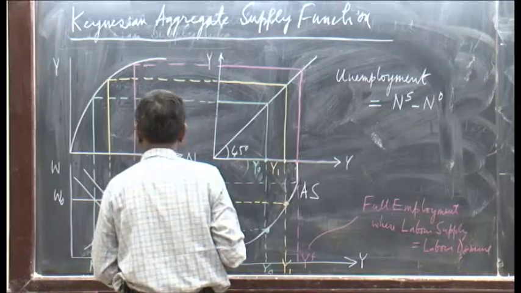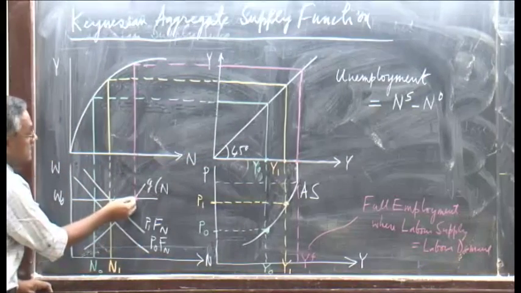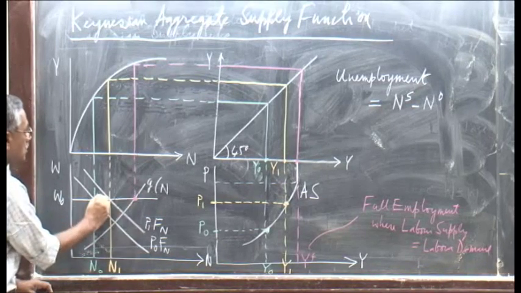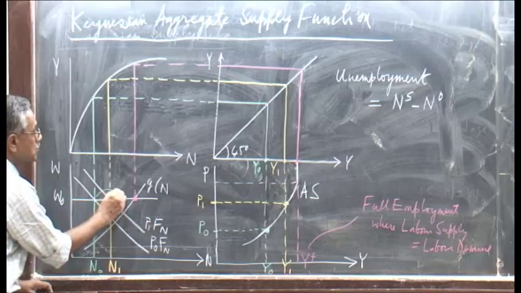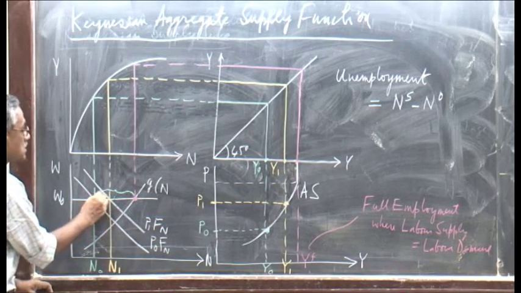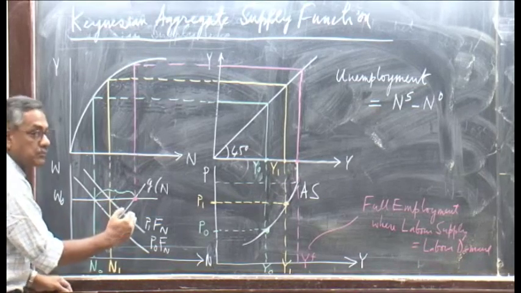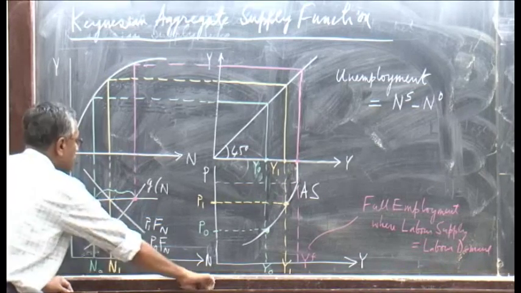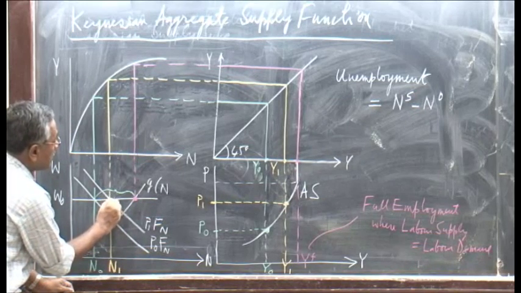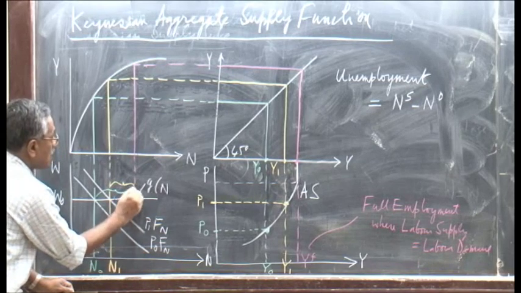So if you want to know the unemployment, say initially at price P naught, the unemployment was this amount. When price increased, more output is produced, the unemployment declined, and the unemployment became this amount, from here to here.